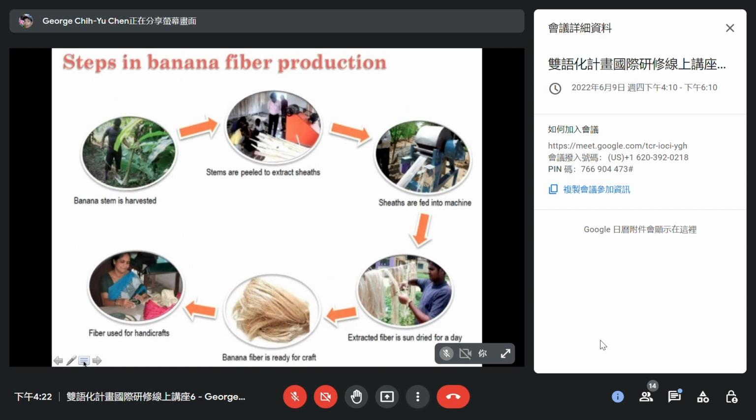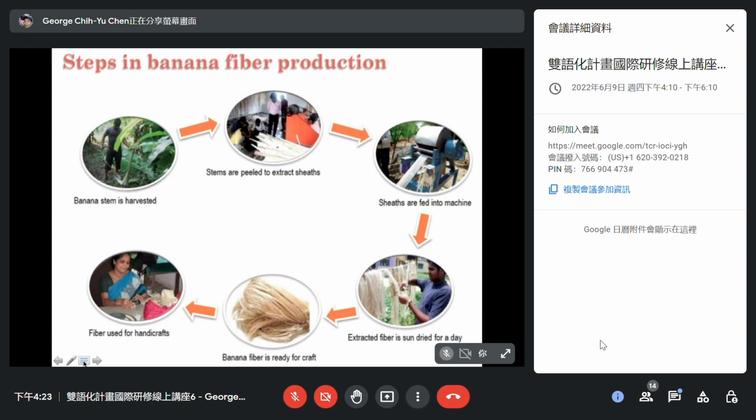Next, I will show you a simplified process in extracting 萃取 banana fiber. First, the banana stem is harvested. Stem means 树干. So 树干 is harvested, is collected, 被收集, and the stems are peeled. 剥皮 to extract sheath. Sheath basically means the layers inside the stem.